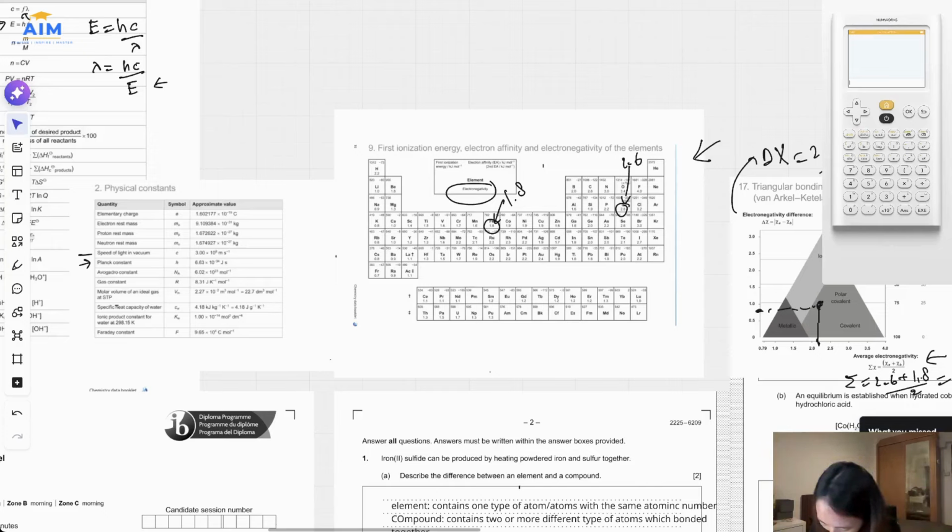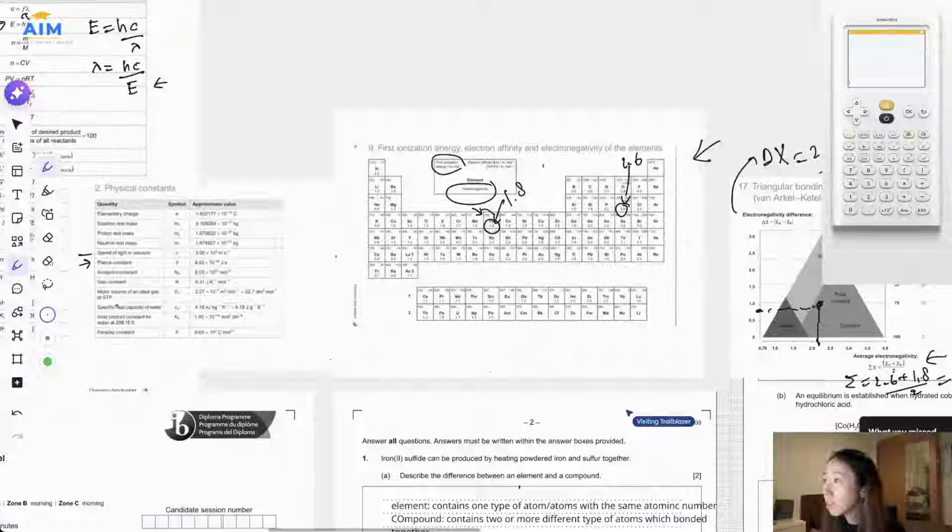So if I find the iron, the Fe here, you can see this is 762. So this is the first ionization energy.